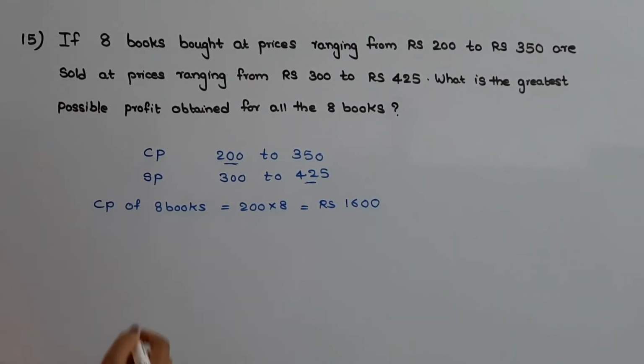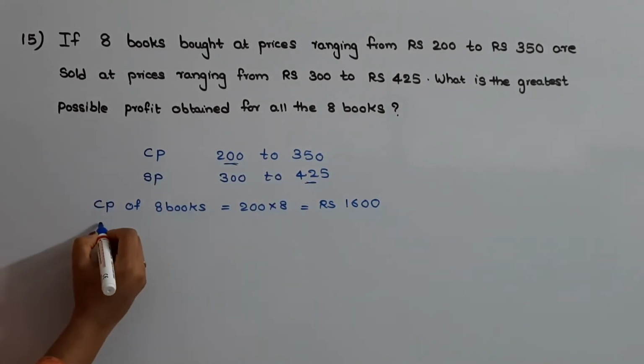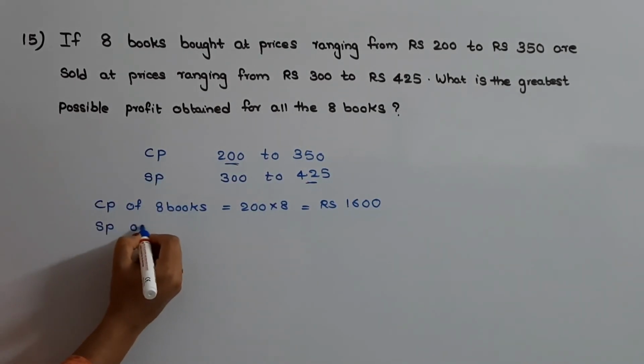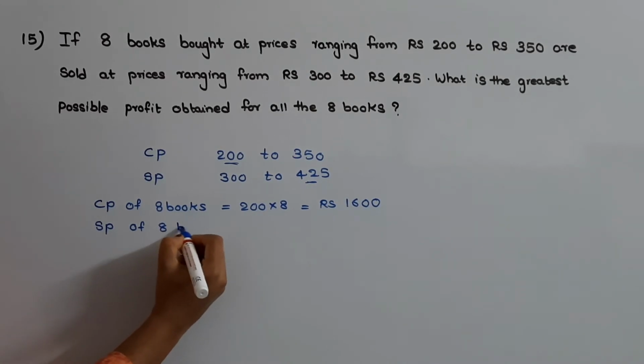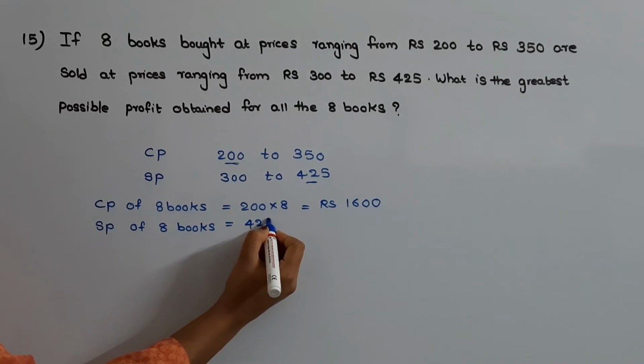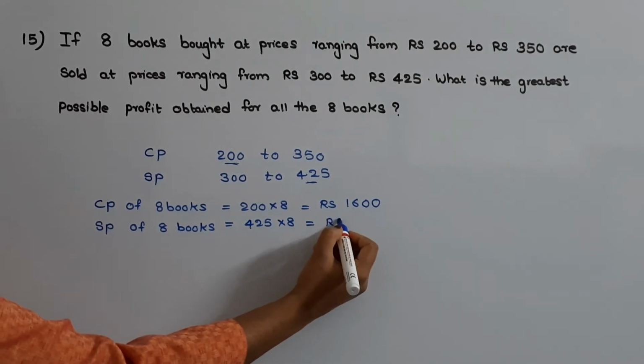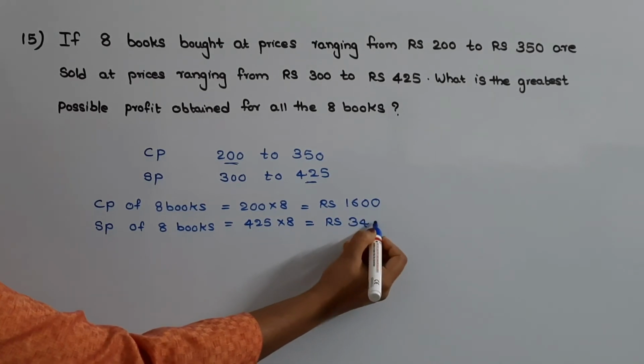If the selling price of one book is 425, then the selling price of 8 books will be 425 into 8, that is rupees 3400.